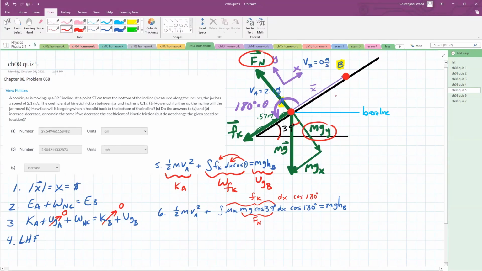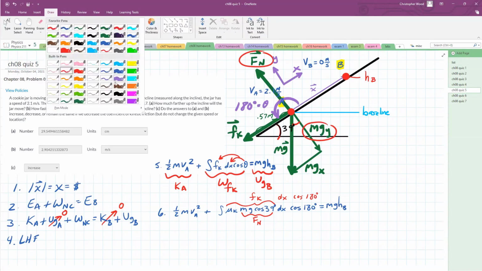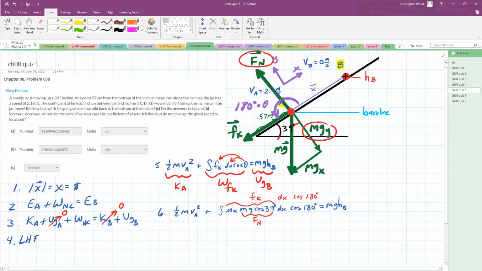If I look, here's HB right here. So here's the triangle I'm looking at. That's my hypotenuse.